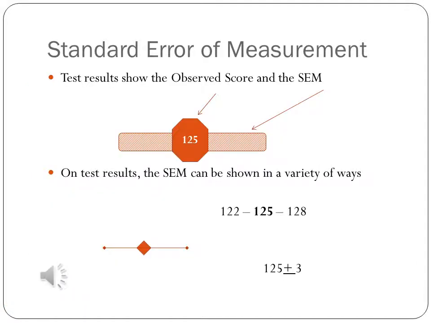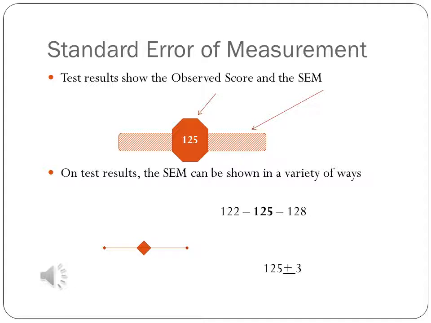Let's look at a visual representation. The test results show the observed score. In this case, we're using 125 as the observed score. And the shaded bar shows the standard error of measure. On test results, the standard error of measure can be shown in a variety of ways.